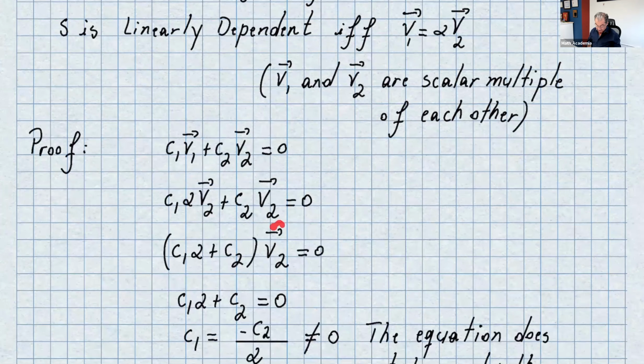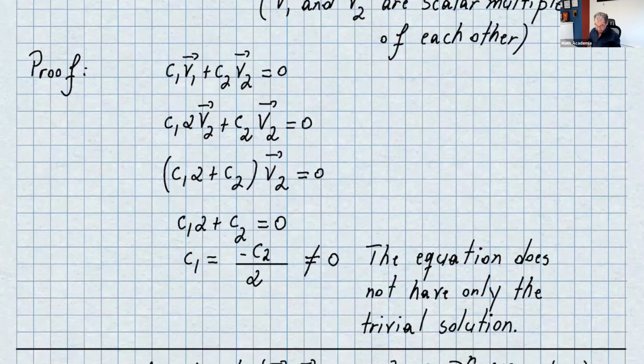If you factor out V2, you're left with C1 alpha plus C2 equals 0. And we know that C1 will be negative C2 over alpha, and C1 will not be equal to 0. So the equation does not have only the trivial solution, therefore it's linearly dependent.